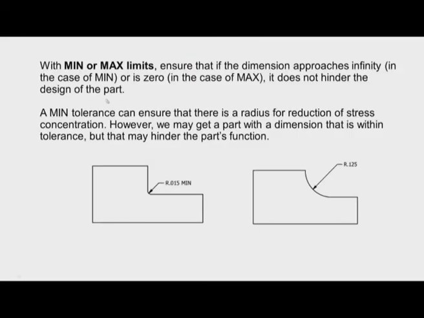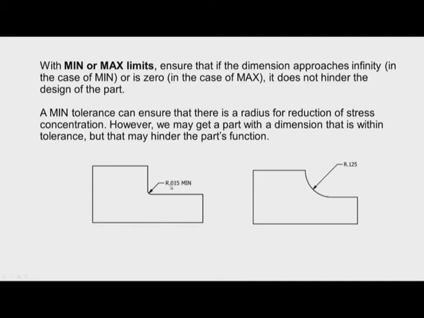And then sometimes minimum or maximum limits are specified on the drawings. We can see here we have a work part like this, and we have a fillet here, and the radius of the fillet is 0.015 minimum.